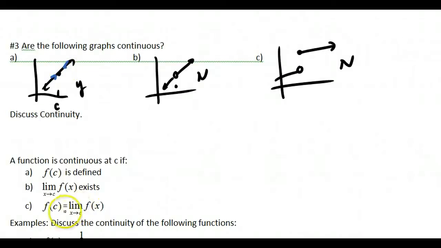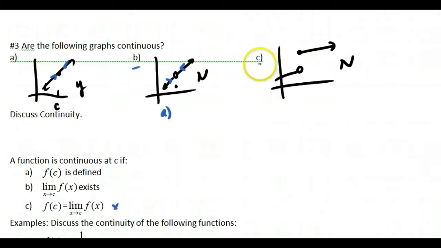Then the third condition is that both of those are equal to each other. So if I look at part B, condition A is satisfied, and condition B is satisfied because I do have a limit, but they are not equal to each other. So then this portion fails for this problem.